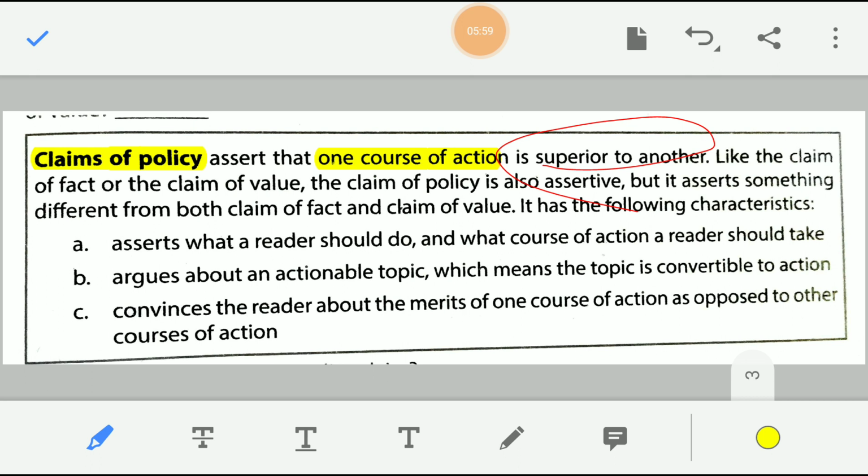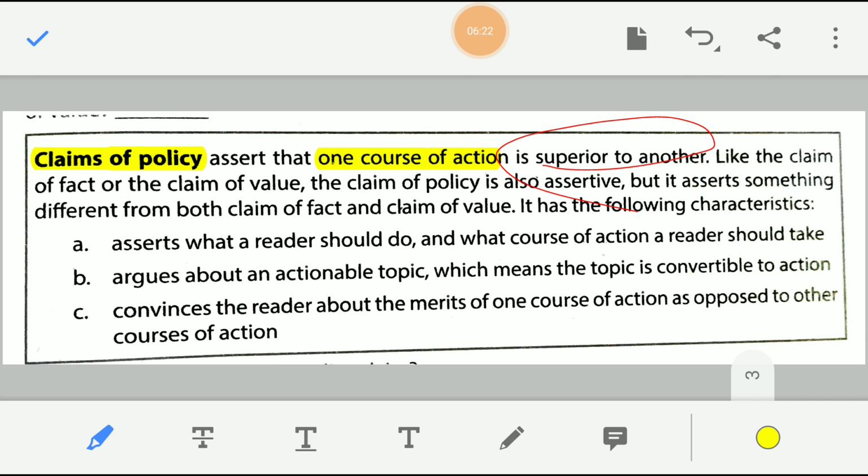Let's say a claim of policy can be on a topic that needs action, such as violence. So, what should people do in order to get rid of violence? And then letter C convinces the reader about the merits of one course of action as opposed to other courses of action.